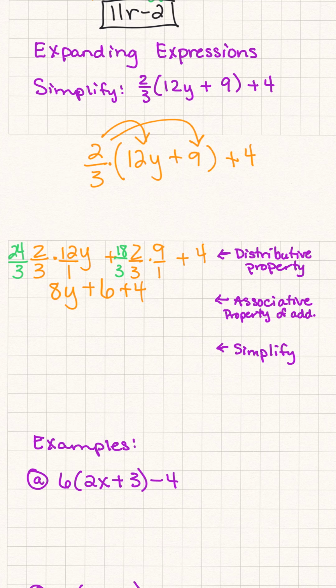So with the associative property of addition, we can see that 6 and 4 are like terms, so we are going to associate them together. That's what the parentheses do. So let's go ahead and simplify. 8y stays 8y, plus 6 plus 4 is 10. The simplified expression is 8y plus 10.